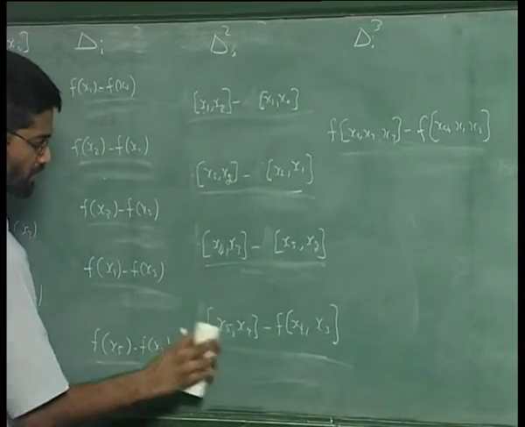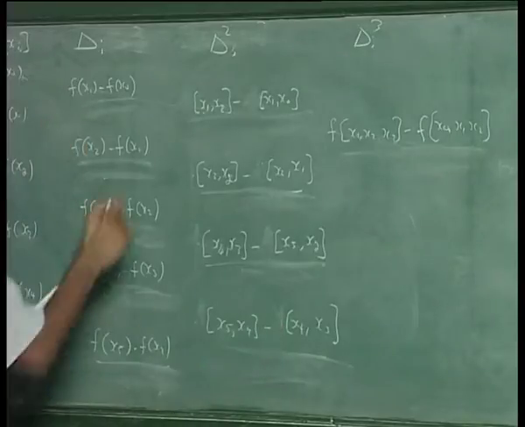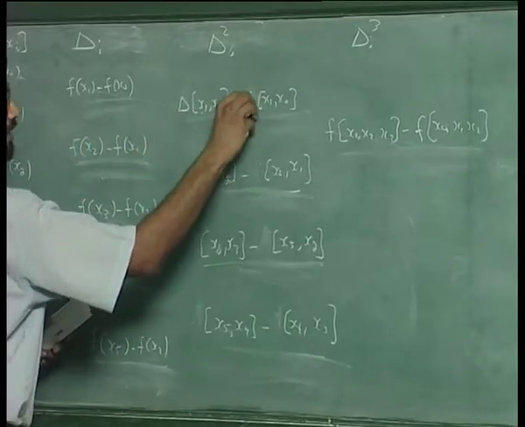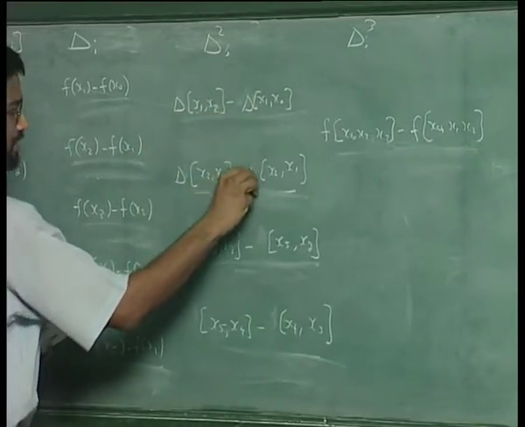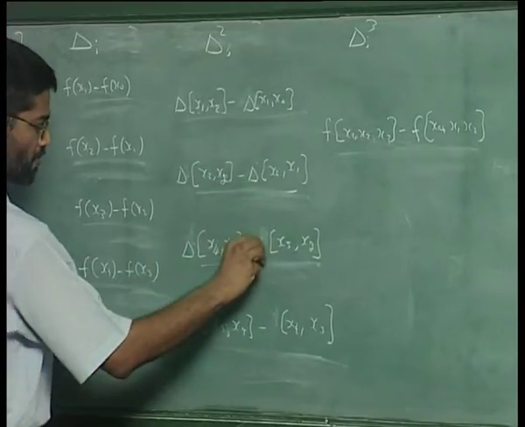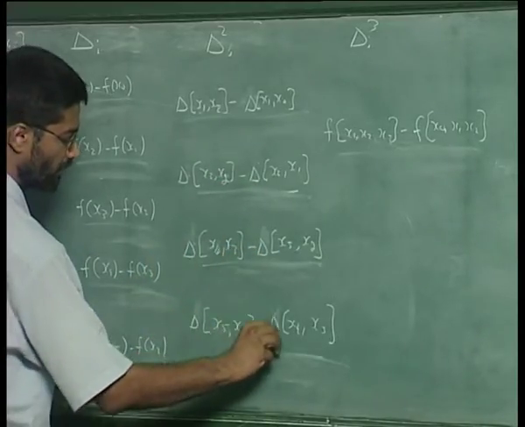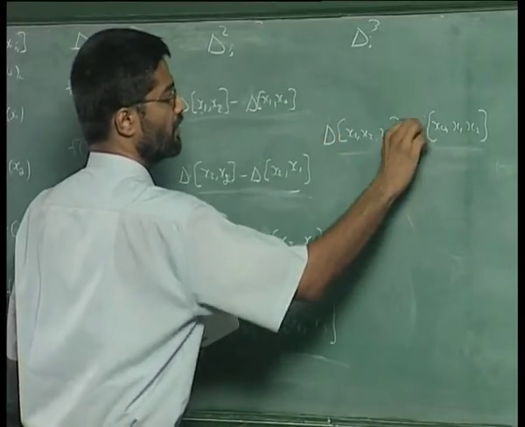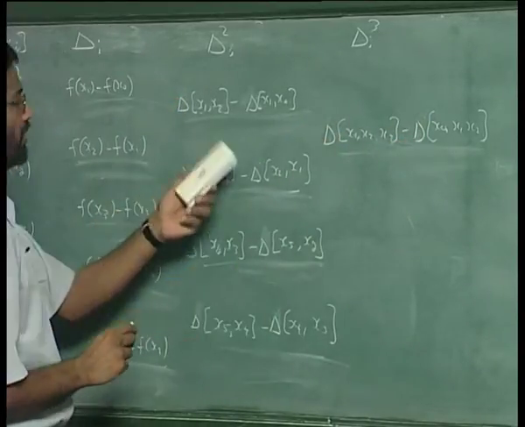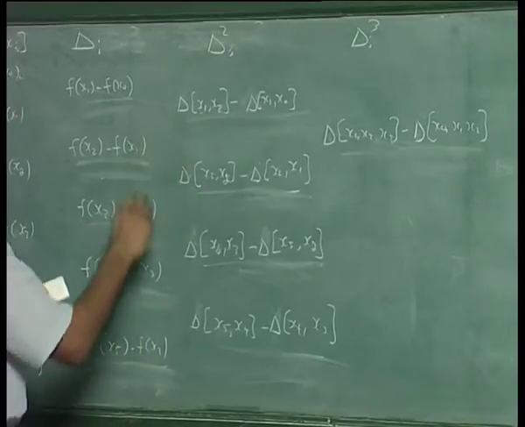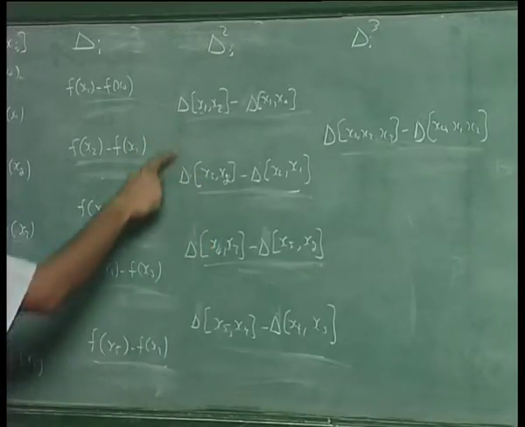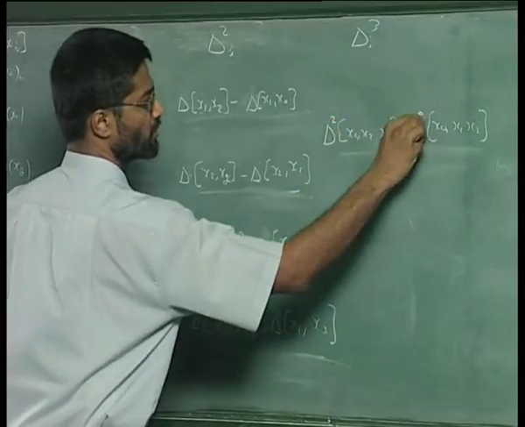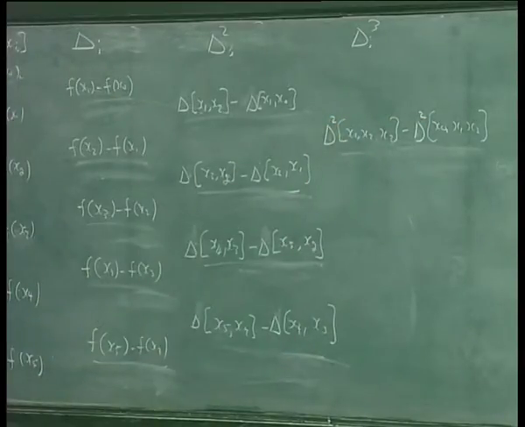So we use this notation to distinguish between the difference and the divided difference. So now this is just the difference of the values of the functions. That will be the first order, and this will be the difference in the del 2s. Okay, that will become del 3.